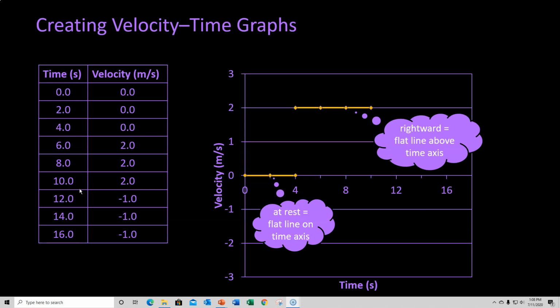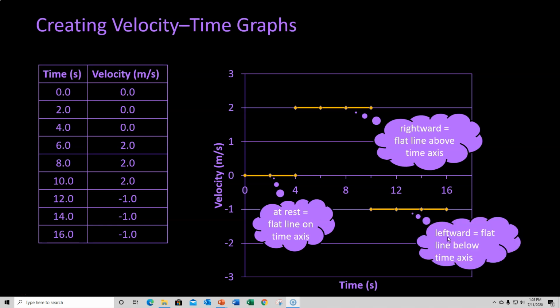Notice here at the end of the 10th second, the velocity changes direction and goes in the negative direction at 1 meter per second. So we'll go ahead and plot those points. And notice that when an object's moving leftward, we have a flat line below the time axis, or what we call the negative region. This is how you create a velocity time graph from a set of time velocity data.